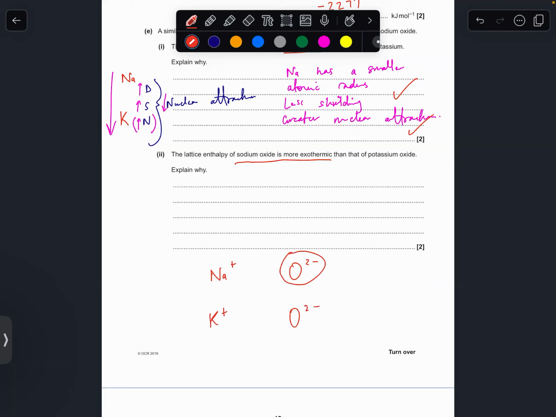Sodium is smaller and potassium is larger, so it's got an extra shell. So why is it more exothermic? Let's talk in terms of, we could say sodium ions have a smaller ionic radius.